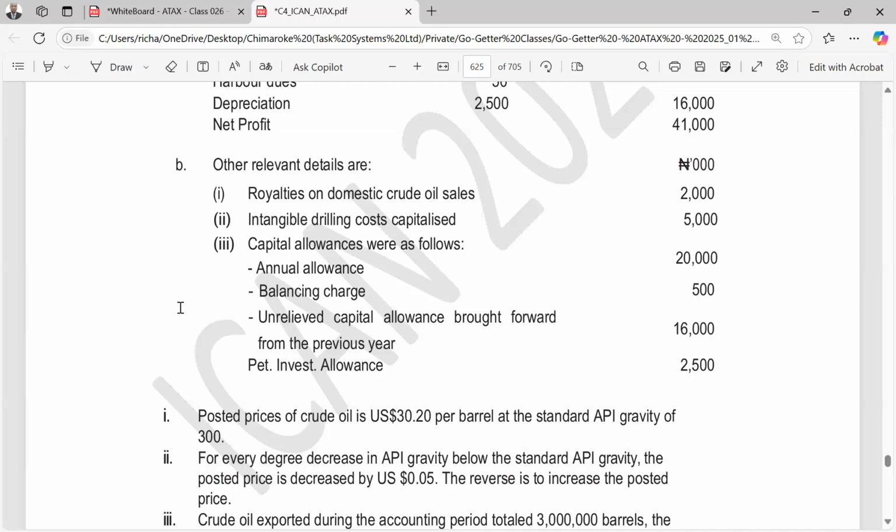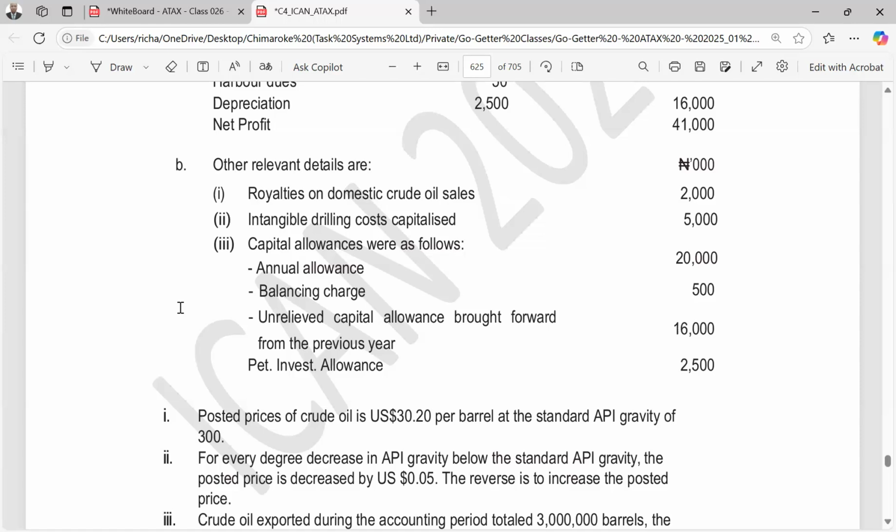Now, when we are saying posted price, this is the price free on board at the ports, and this only concerns exported oil. This posted price concerns only exported oil. Now, this is the price per barrel.